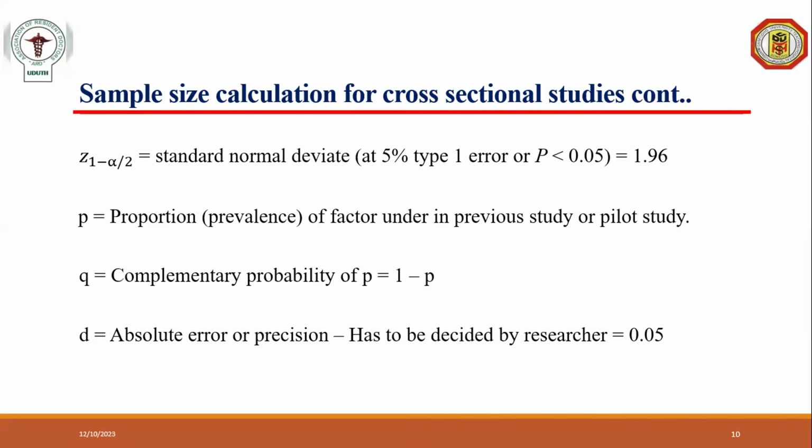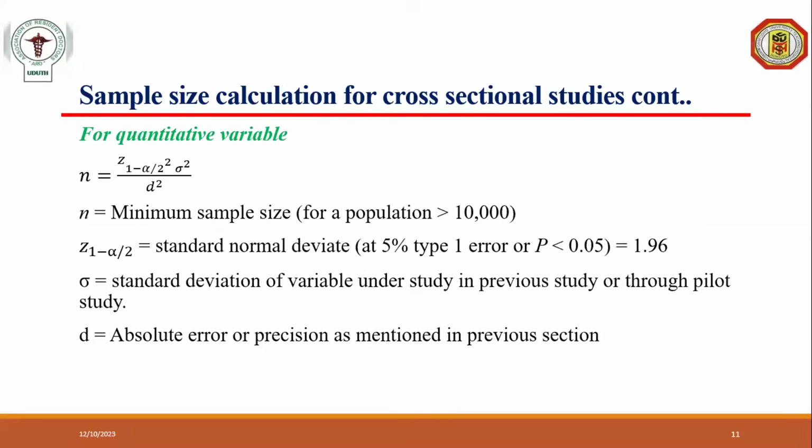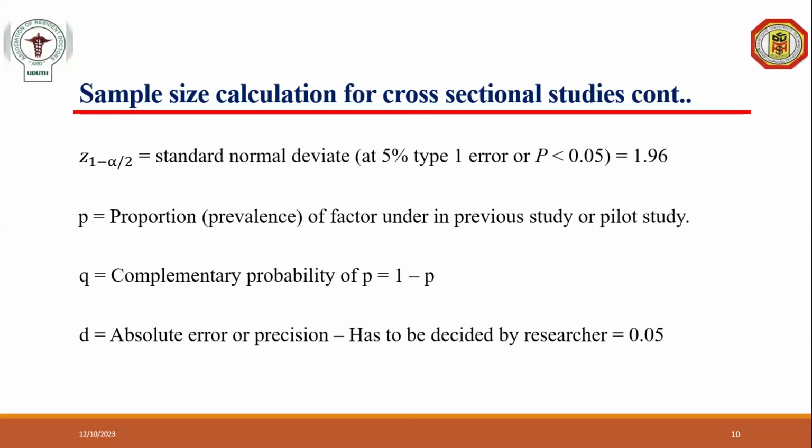So in this case, you are only given a 5% chance of making error. So that is your precision. So you are 95% precise in your study. So that is the formula for calculating sample size in a cross-sectional study for a qualitative outcome.